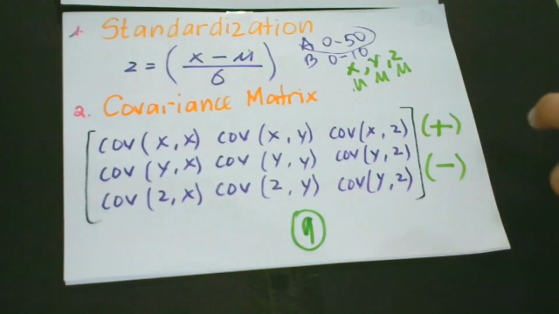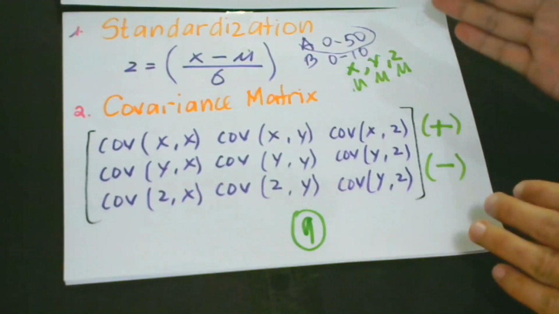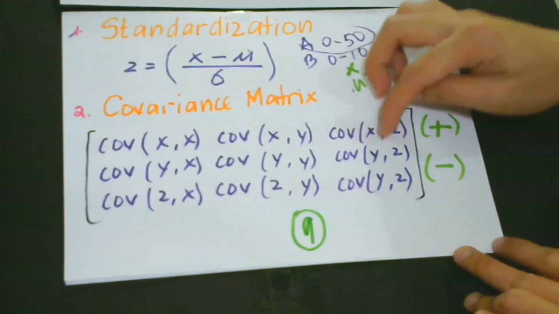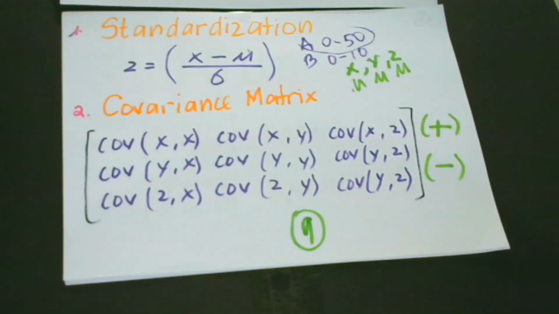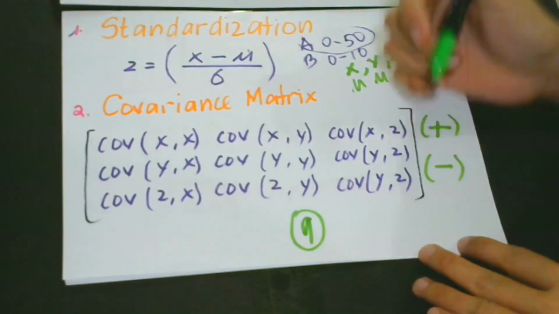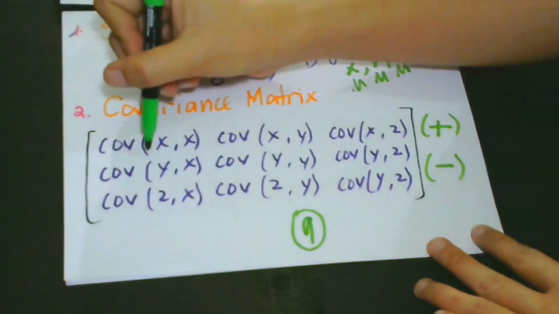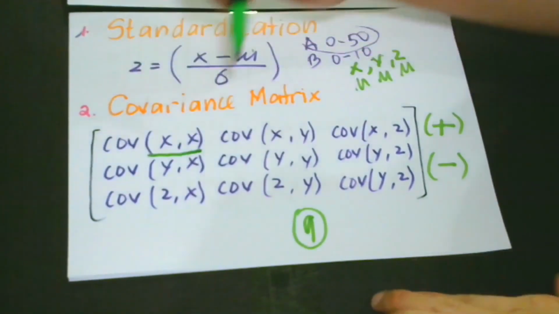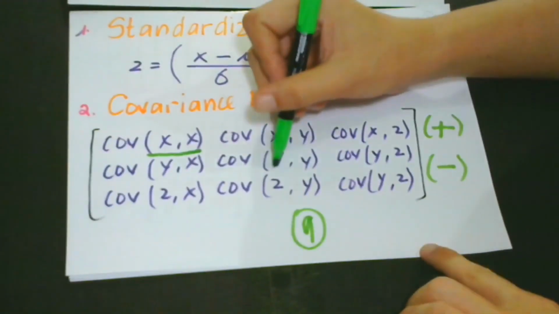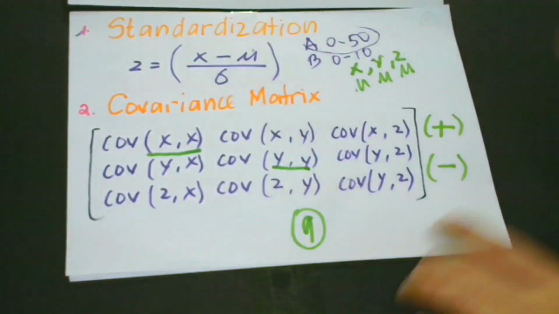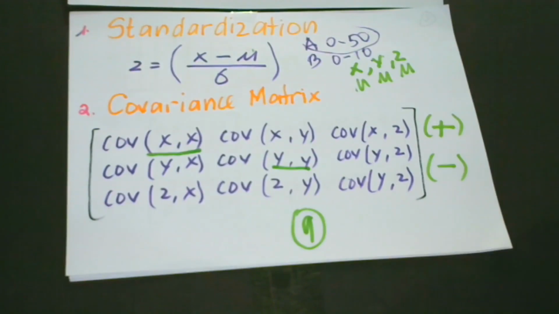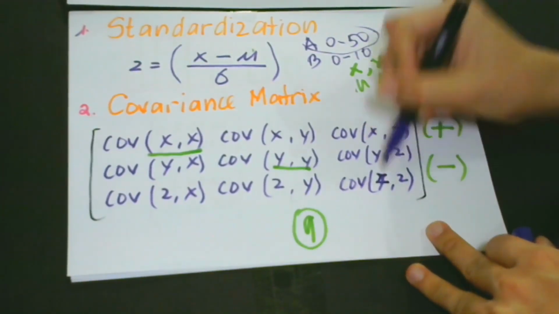So each combination has its own covariance. So what you can see in the diagonal is the covariance of each initial variable with itself. So where are they? We have x with itself, then we have y with itself, and then we have, okay, z, x, y, z. So I made a mistake. Okay, that is z.